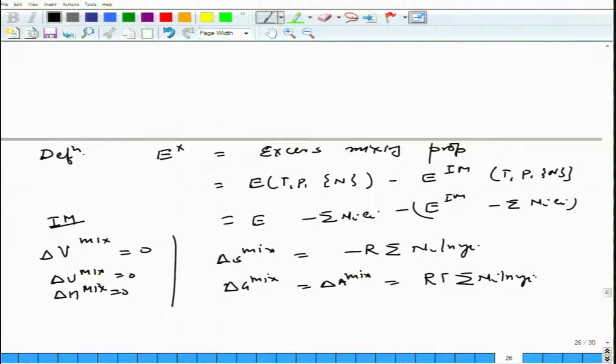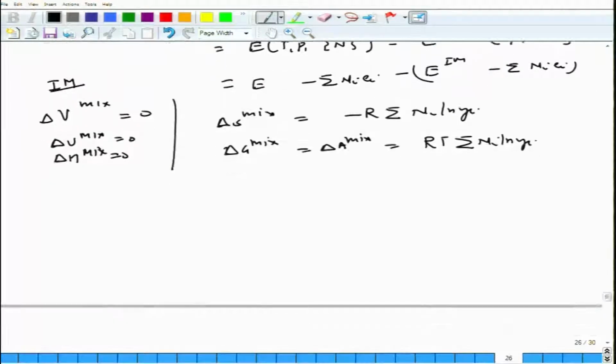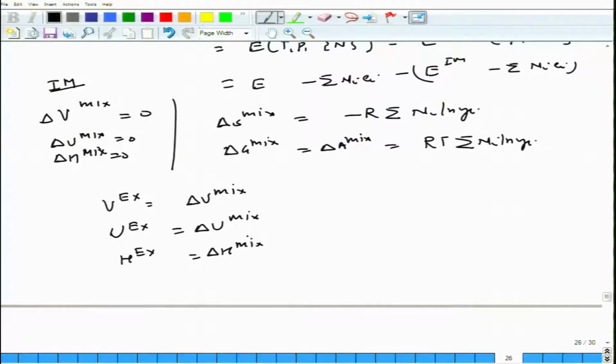So, this is something which we have calculated earlier. So, based on this information, we can write V excess is nothing but delta V mix, because the other part is going to be 0, U excess is delta U mix, and H excess is delta H mix. Okay.